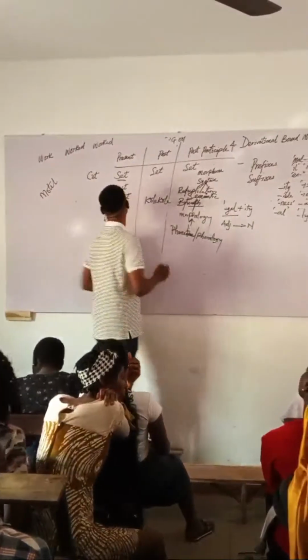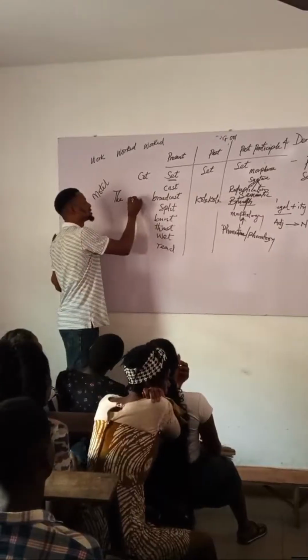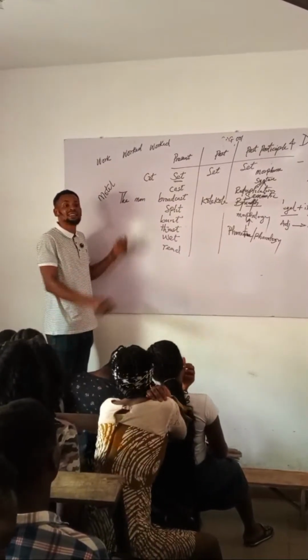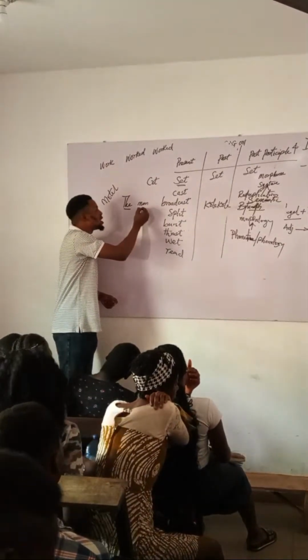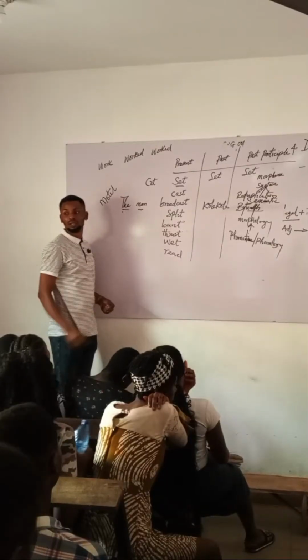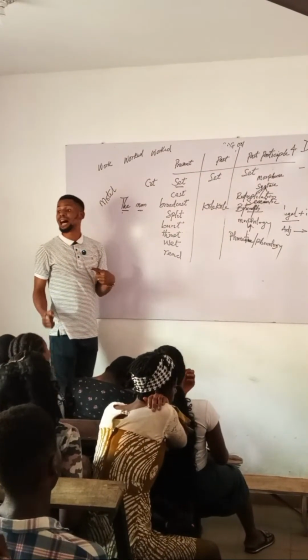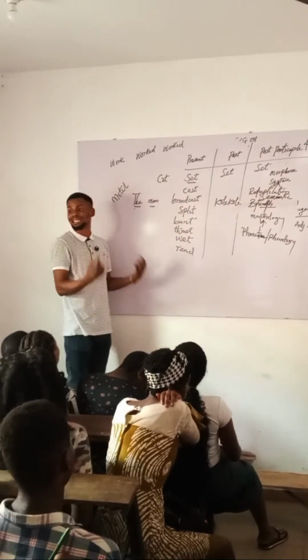That is why, if you have "the man" in English, the syntax of the English language says that a determiner must come before a noun and not a noun before a determiner. Of course, the case is different in Yoruba syntax. In Yoruba syntax, you have a noun coming before a determiner.